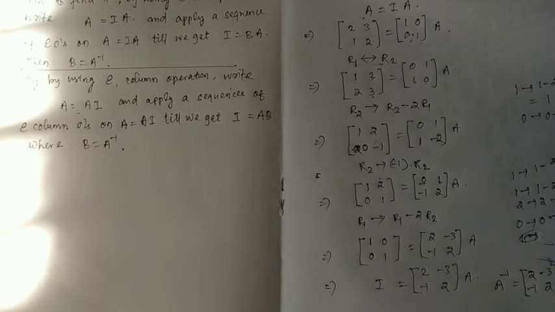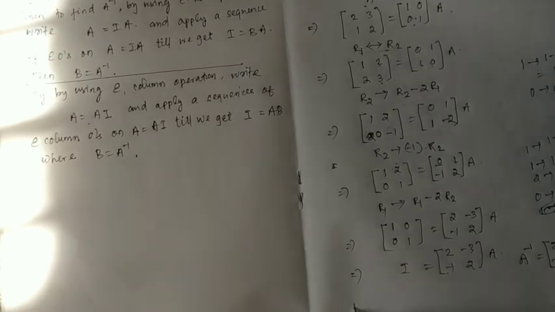We can check whether this is right or wrong by multiplying A with A inverse. A is 2 3 1 2, and A inverse is 2 minus 3 minus 1 2.